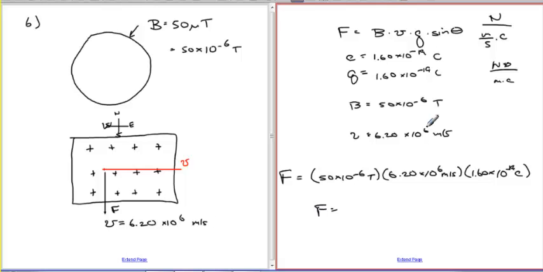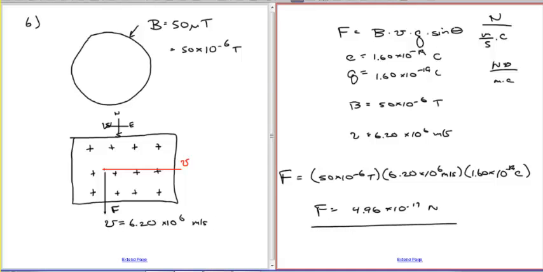Okay, now we put the numbers in. 50 e to the negative 6 times 6.2 e to the 6 times 1.6 e to the minus 19. That always makes it very small. The force is 4.96 times 10 to the minus 19th newtons.